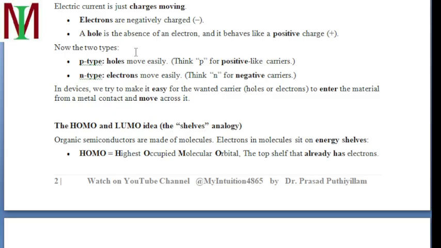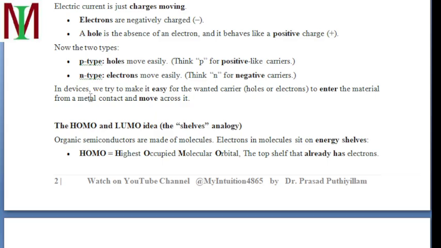Now the two types, p type as well as n type. In p type, the holes move easily, that means the positive carriers move fast. In n type, the electrons move easily, that means negative carriers are there. Therefore we have p type devices in which the holes move easily, and n type semiconductors in which the electrons move fast.